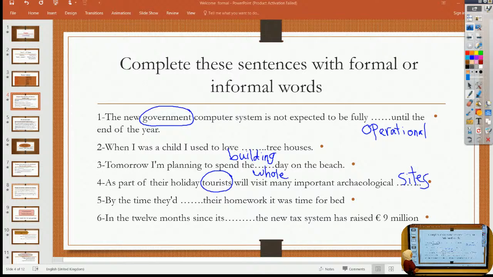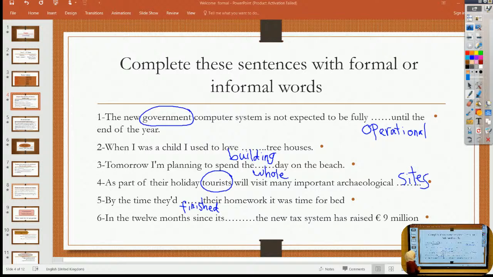Five, by the time they did their homework, it was time for bed. Here, there is no word that talks about government or something formal. So here we use informal: by the time they'd finished their homework, it was time for bed.